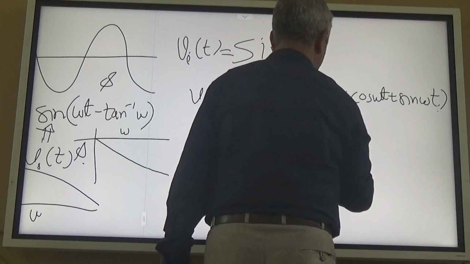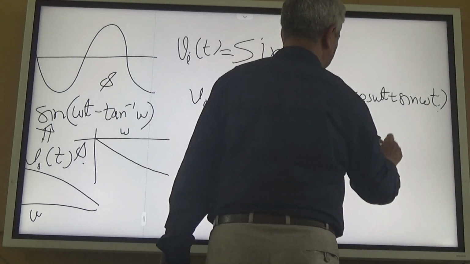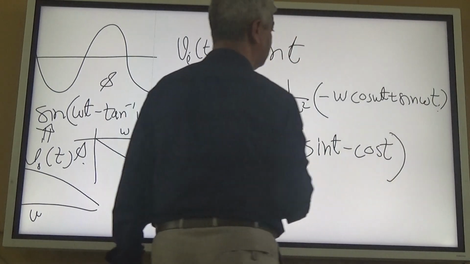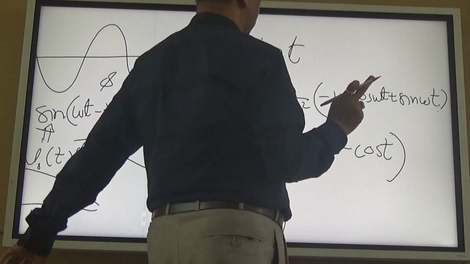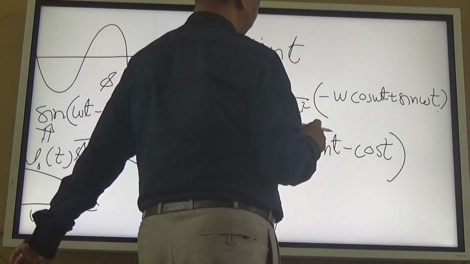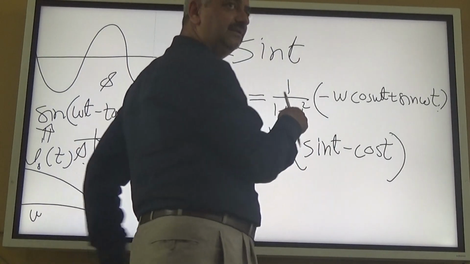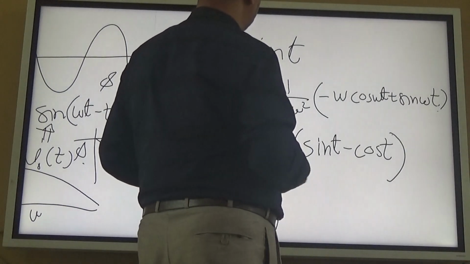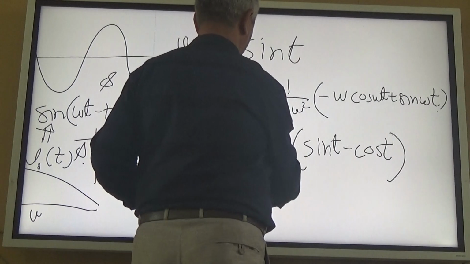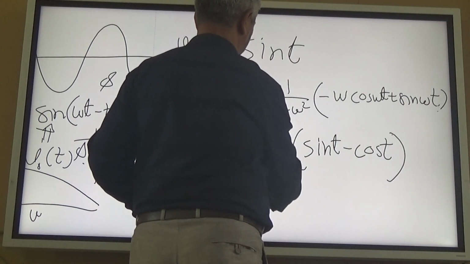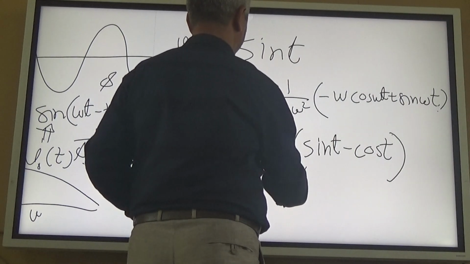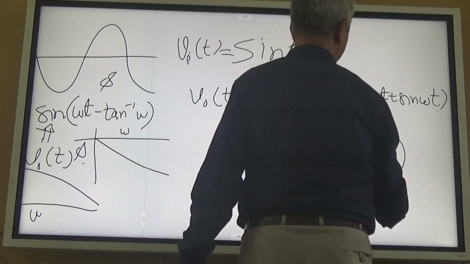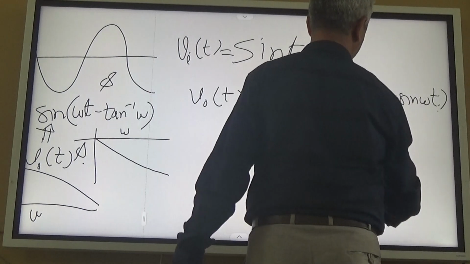So it is sin t minus cos t, with half in front. Half into sin t minus cos t.